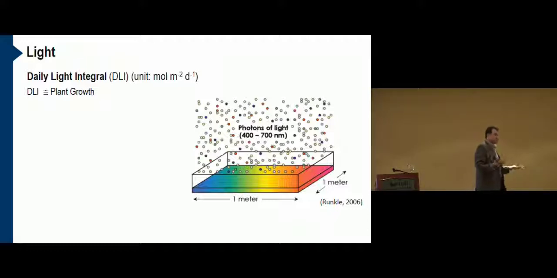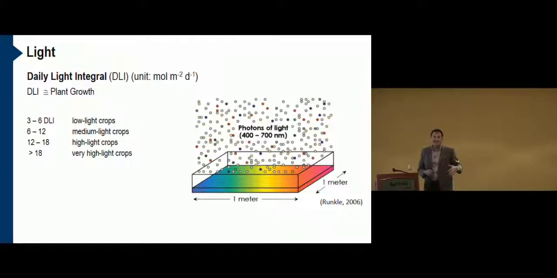At the end of the day, you look at the amount of photons received per unit area. So you can go from a micromoles per meter squared per second reading of photosynthetic active radiation to a daily light integral, which is the integration of those moles of light falling onto a given area.